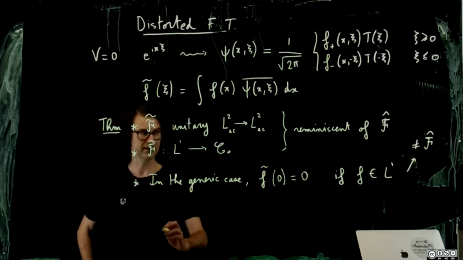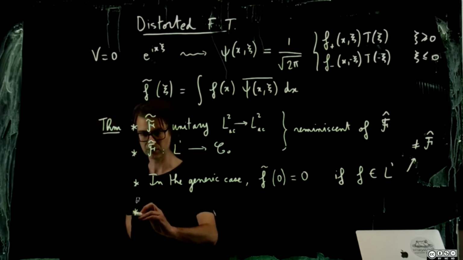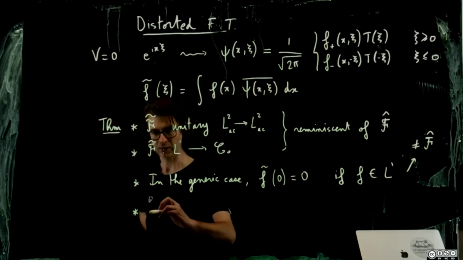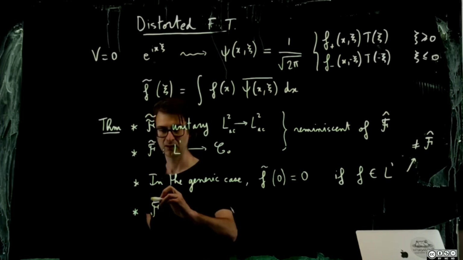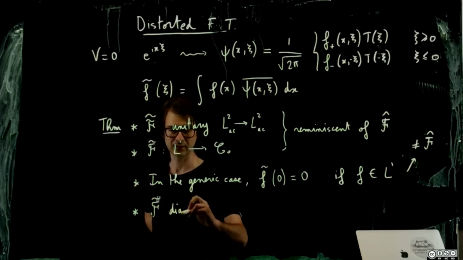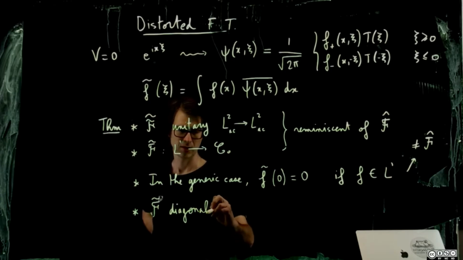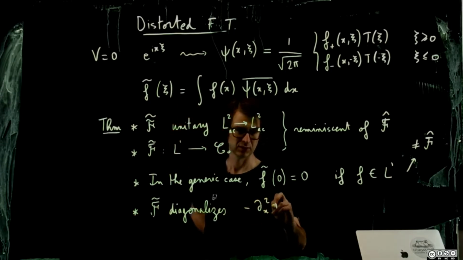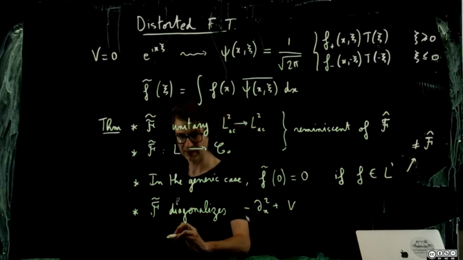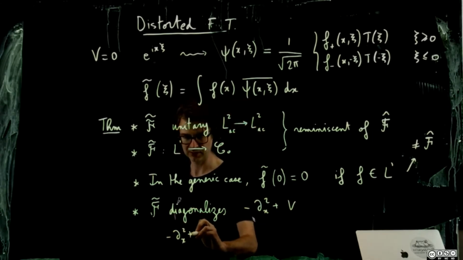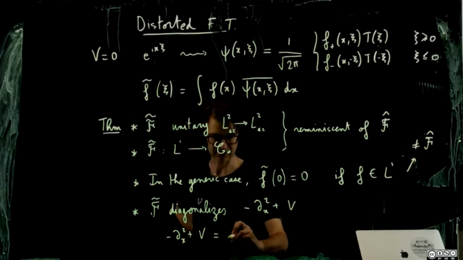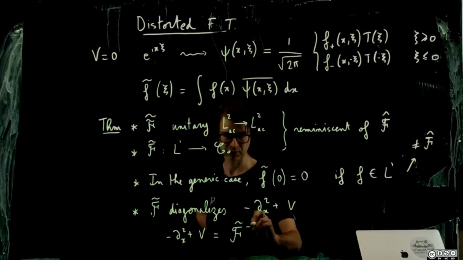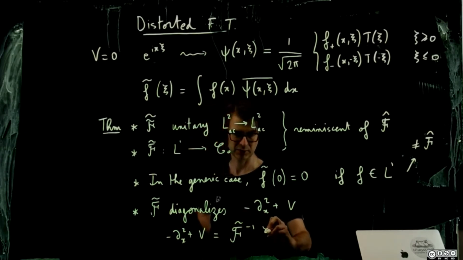Okay. And finally, what we were looking for, f tilde diagonalizes minus dx squared plus v. In other words, I can write minus dx squared plus v as f tilde inverse times xi squared times f tilde.